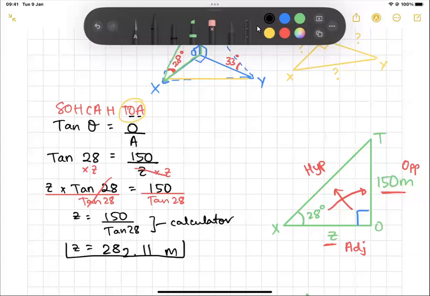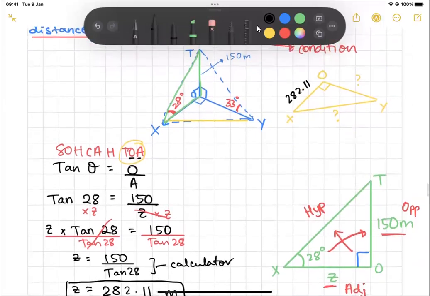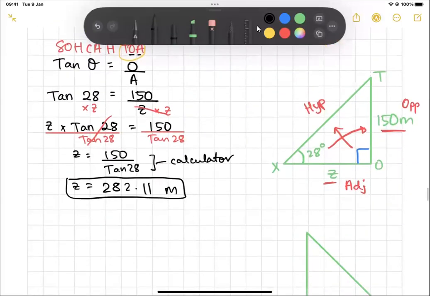So this is what my OX is. There you go. Now I'm going to put that back into my main diagram. This is 282.11 meters.